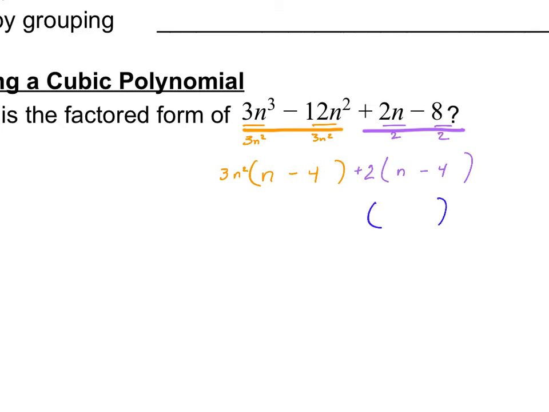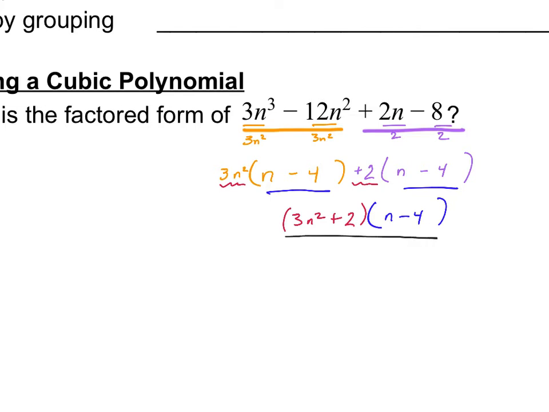I'm able to factor out a greatest common factor, and reversing the distributive process, I come up with my other binomial. One binomial was previously identified, right? And the other binomial is going to be 3n squared plus 2. And I have factored this by grouping.